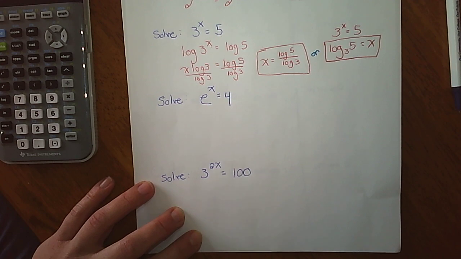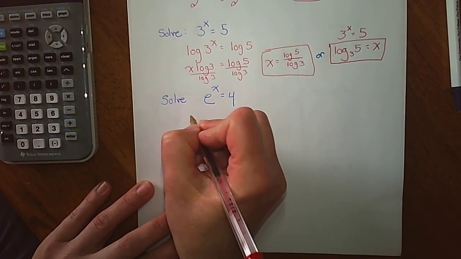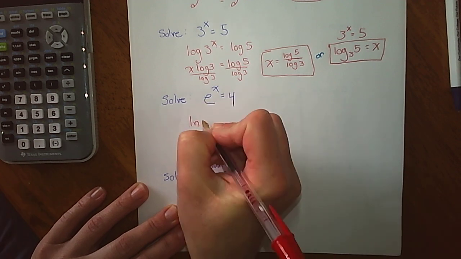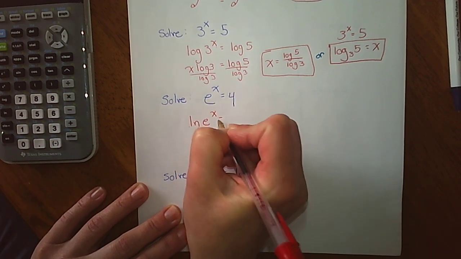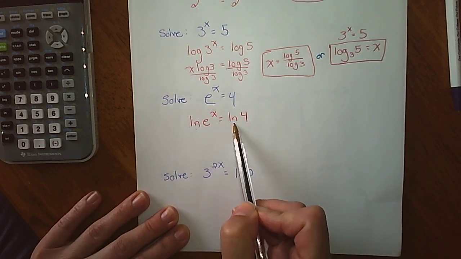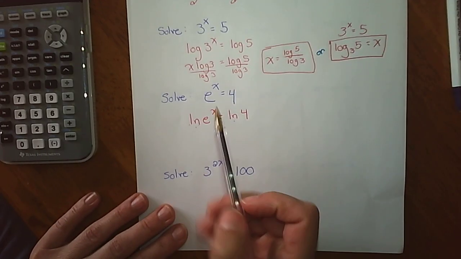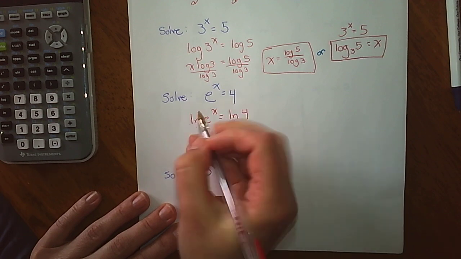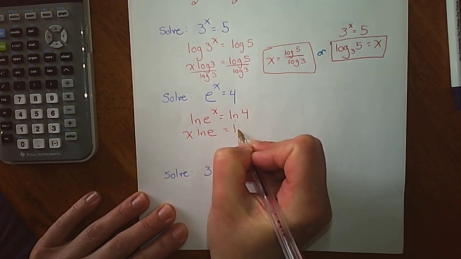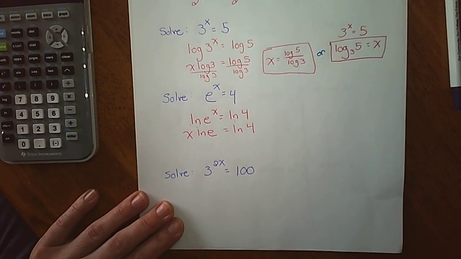Now, e gets its own special log called the natural log. So it's ln e to the x equals ln 4. So whatever I do to one side of the equal sign, I have to do to the other. Now, this exponent will fall in front. x natural log of e equals the natural log of 4.